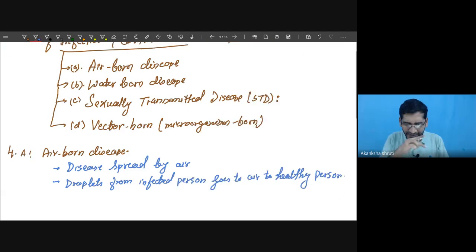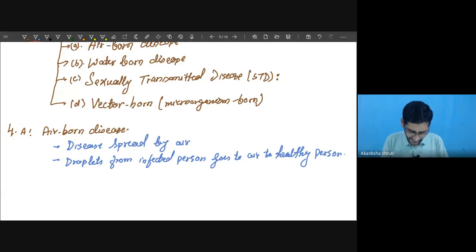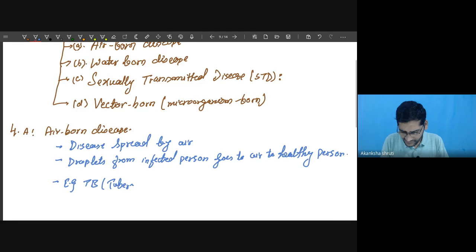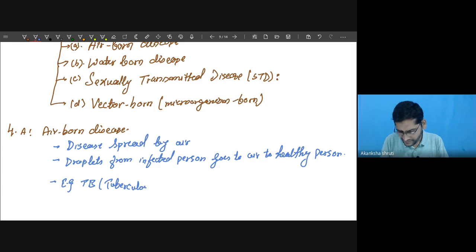Example, you might be getting, what could be the example? Example like the Corona, tuberculosis. Yes, asthma. So what is happening? There is cough. So continuous cough is there, and the droplet that is coming out.